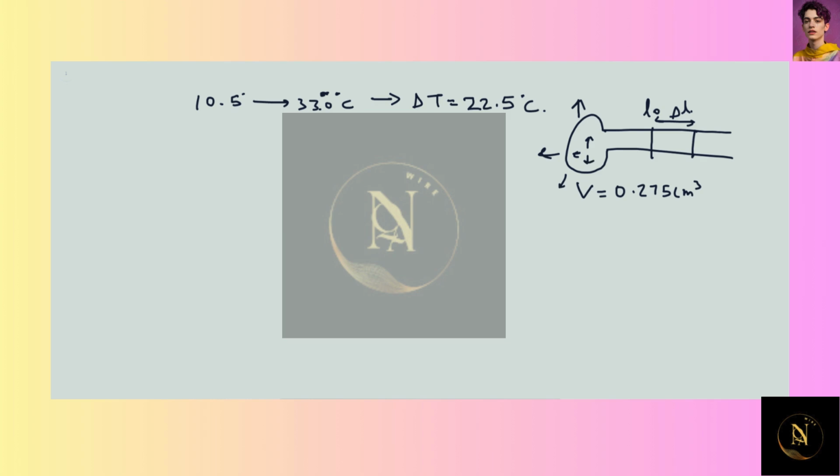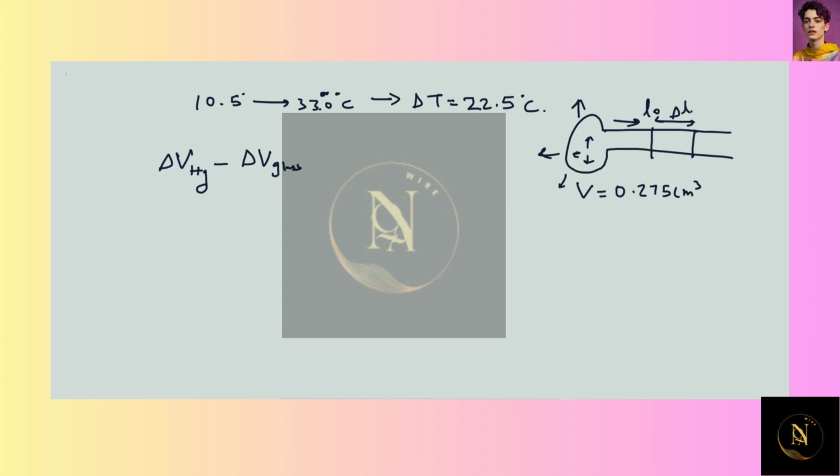Now, when the temperature changes, the glass bulb expands and the Hg, the mercury inside, also expands. So the total extra liquid that will flow into the tube would be the change in the volume of mercury minus the change in the volume of the glass bulb, because the extra volume of the glass bulb would accommodate a little of the extra mercury volume.